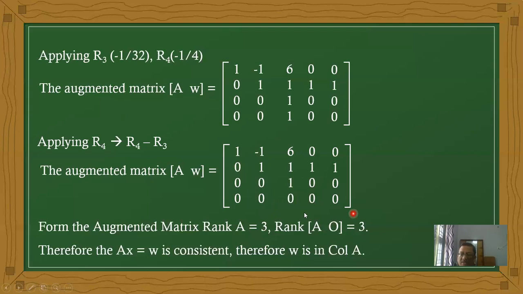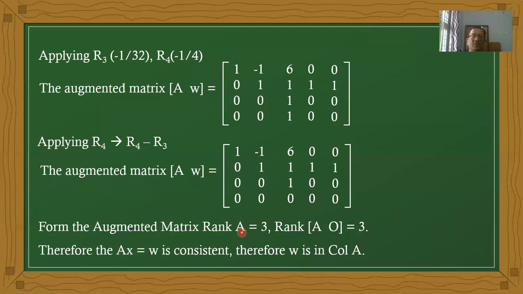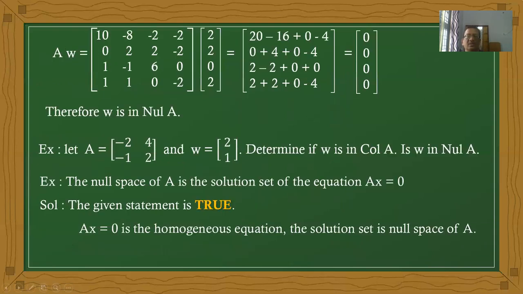Therefore both ranks are the same. Okay. Now therefore the equation Ax equal to W is consistent. Therefore W is in the column space of A. Okay, right? Now that is the condition.